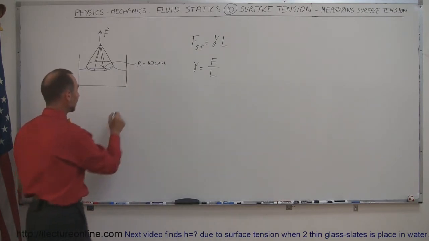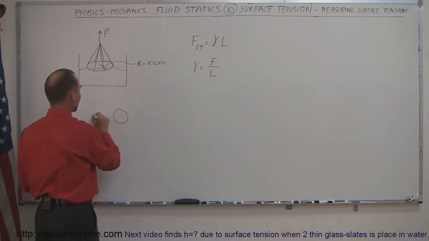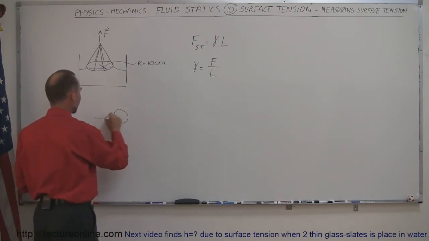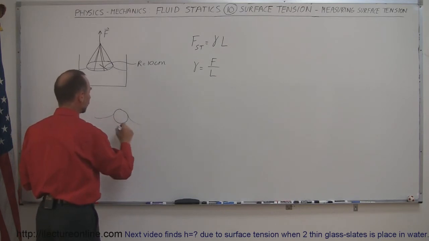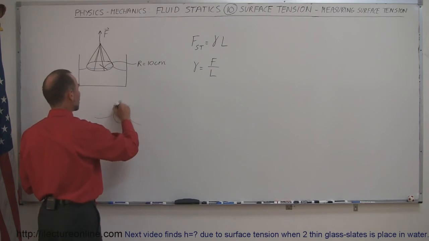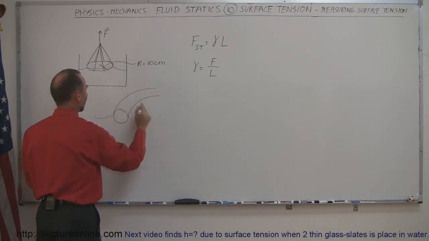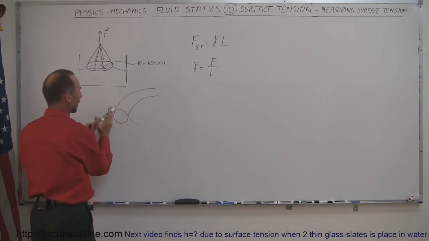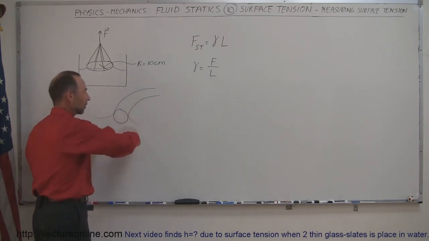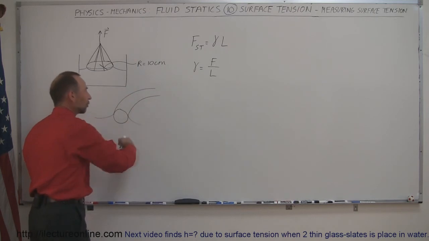Well, if you think about it, if this is the wire, and here's the liquid that gets pulled up with it due to the surface tension like that, notice that this wire has two sides. Of course, here's the circular wire like that. It has two sides, so you have to take into account the inner and outer radius. So we have to take into account the inner surface and the outer surface of that wire.